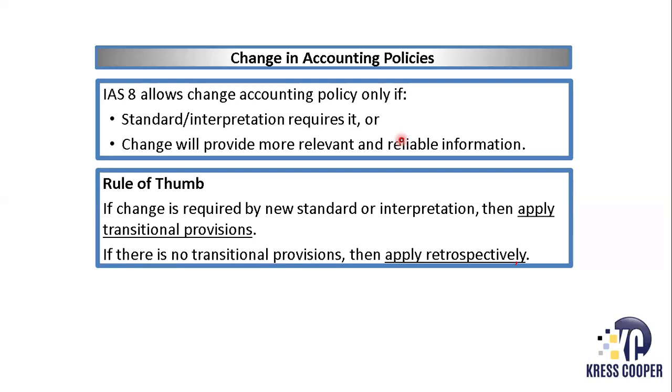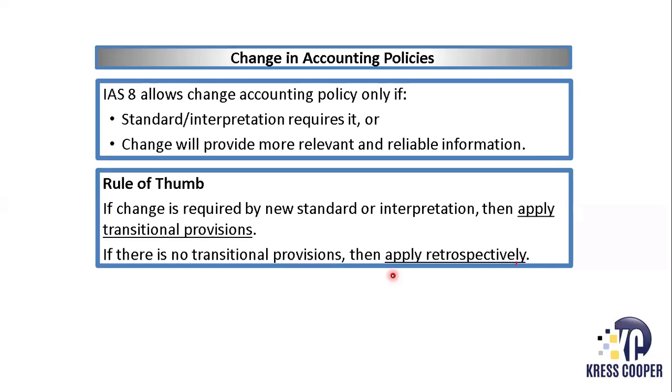If it is not the case, then the change in accounting policy will be reflected in the financial statements based on retrospective application. Retrospective means that altogether such financial information would be changed as if the new accounting policy was in application from the very beginning.